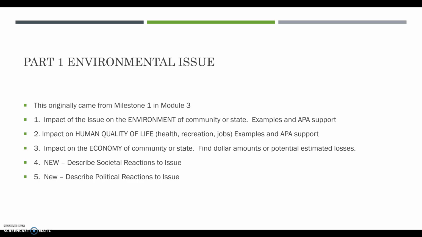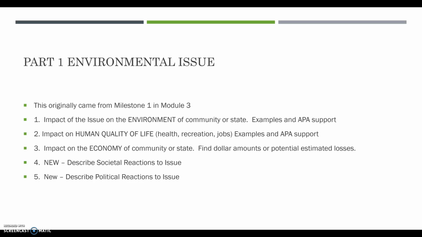The third question is asking you about the impact on the economy. So that's not considered the human quality of life part. The economy is separate. You need to find some kind of dollar amount or potential estimated losses that are occurring. So if jobs are being lost, how much money is being taken out of the economy?